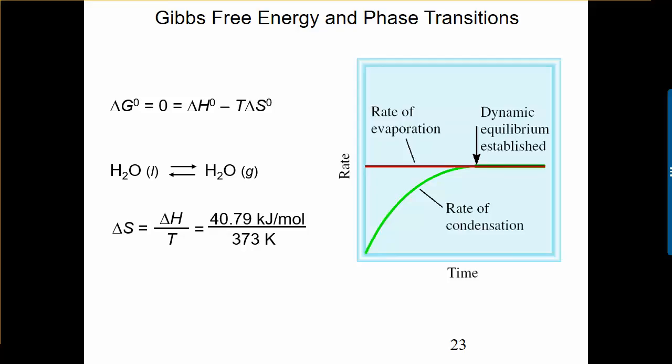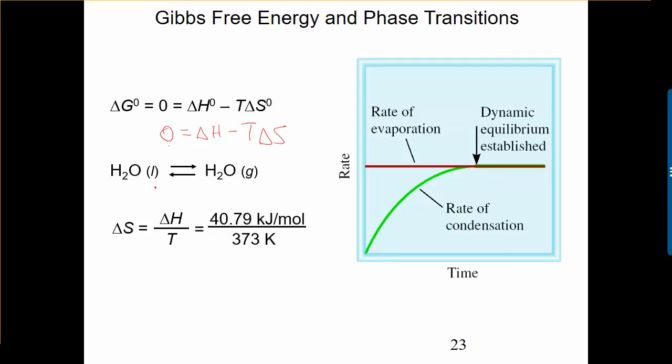So for example here, H2O liquid to H2O gas. By setting delta G equal to 0, we can eliminate the delta G term, and we can solve for delta S. So 0 equals delta H minus T delta S, right?